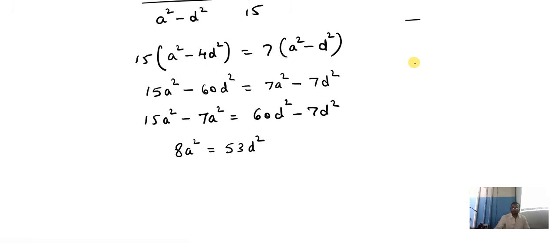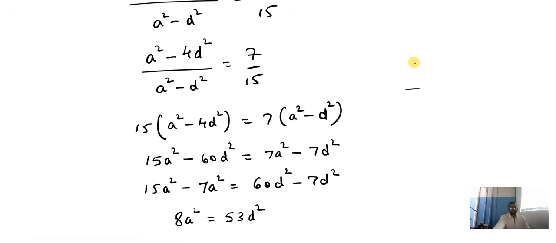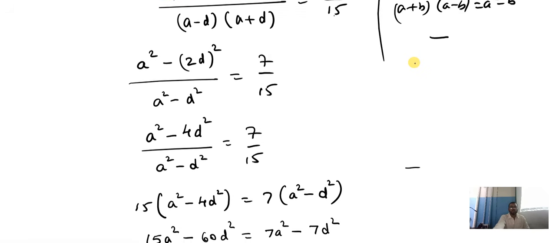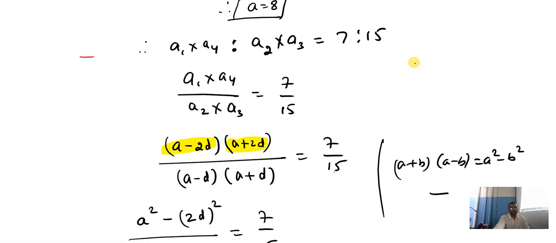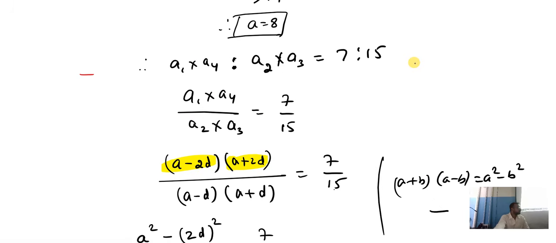Now we got the condition. What is the value of A? The value of A is 5. Now can we substitute 5 in place of A?